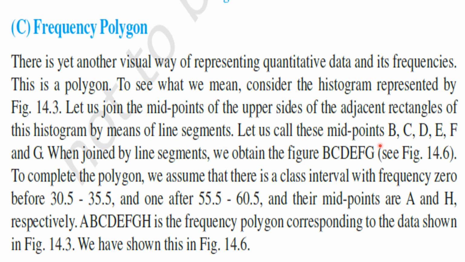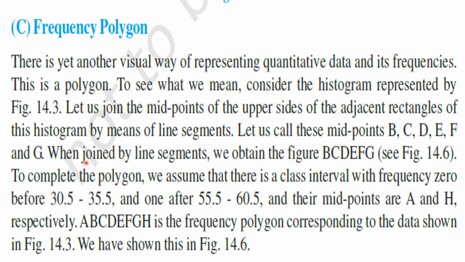Let us call these midpoints B, C, D, E, F and G. Okay, my children, we have found 6 midpoints. 6 rectangles are there. The midpoints of the upper sides of all these 6 rectangles are considered as the points B, C, D, E, F and G.